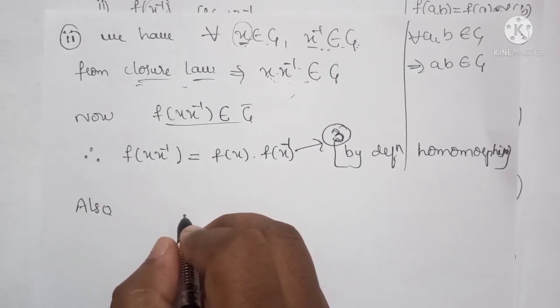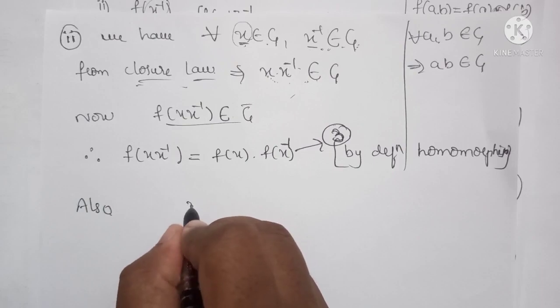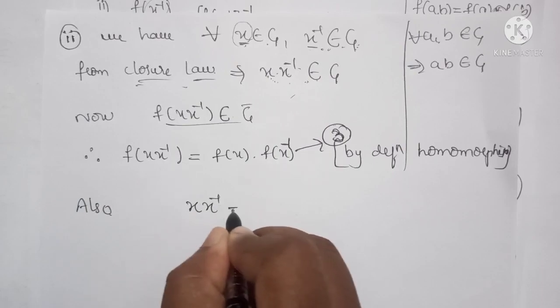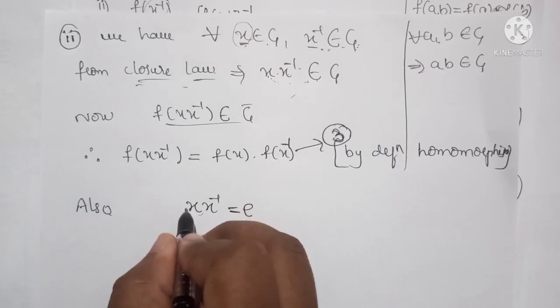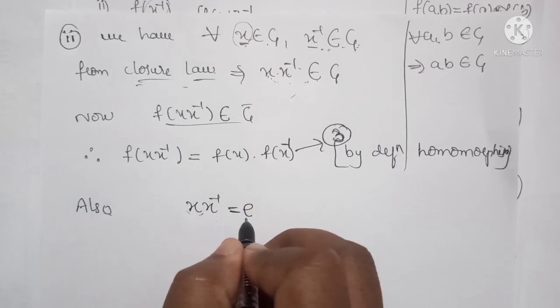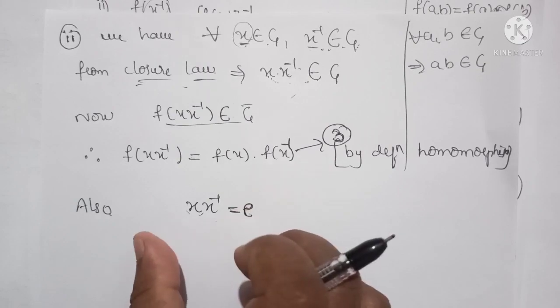Now also we know, from group theory, from the inverse law, that an element into its inverse equals E. This is by the inverse law.